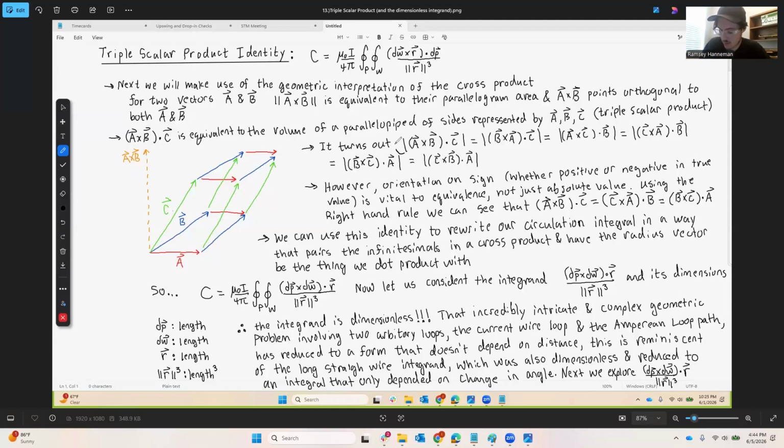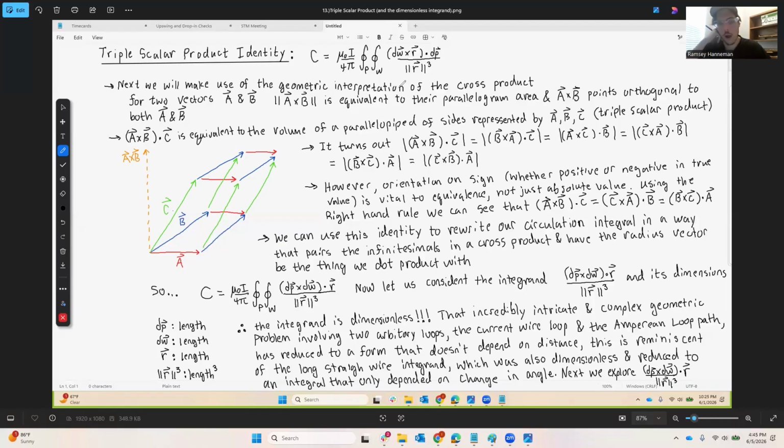Now the magnitudes of all of these are equal, but we want the direction to match. Because notice, this directionality matters for our integral here. If dw cross r is positive at a specific point in the integration, and it's in the parallel direction of dp, this integral is going to spit out a positive value to the sum.